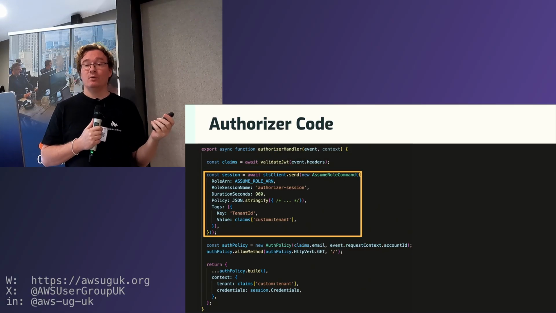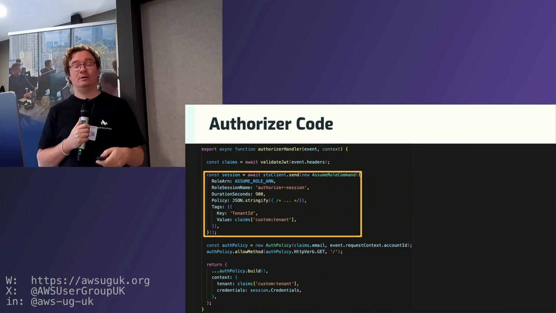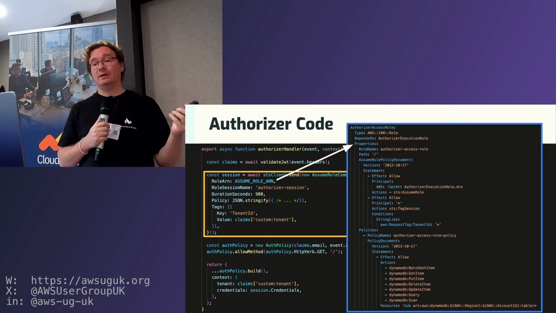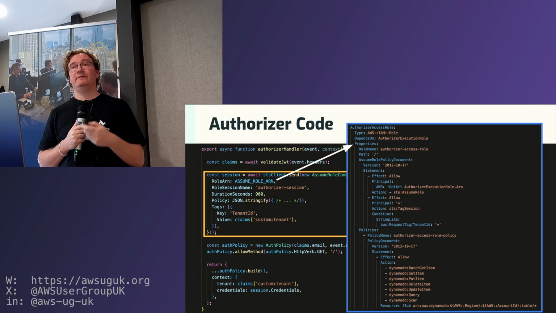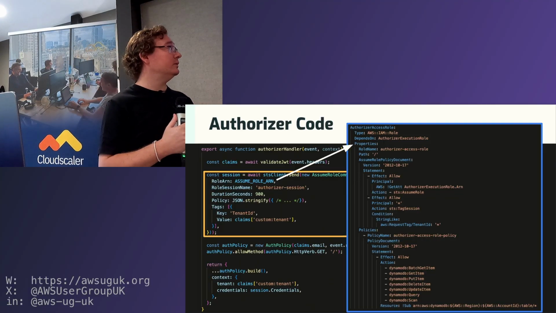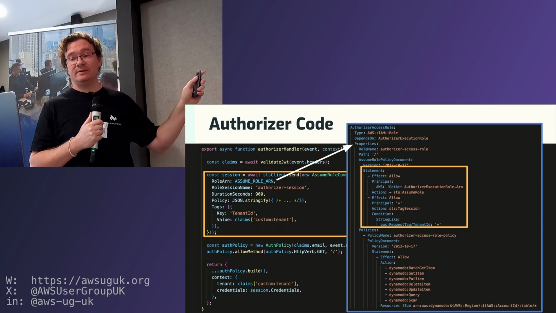Second part, we're going to be assuming a session here, creating a session by assuming a role. And this role is something that we created as part of infrastructure as code. I'm going to draw your attention to two specific points. The first one is those statements.